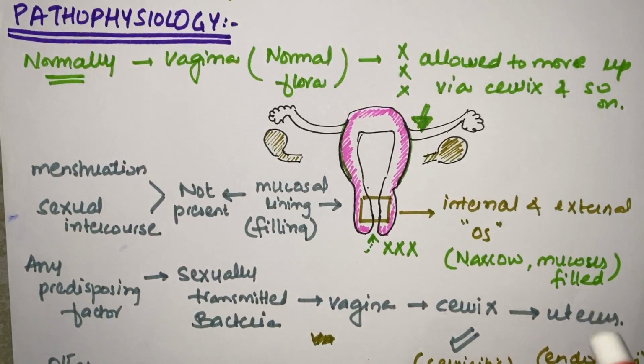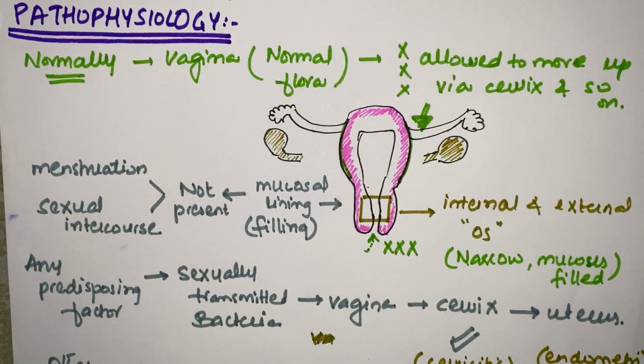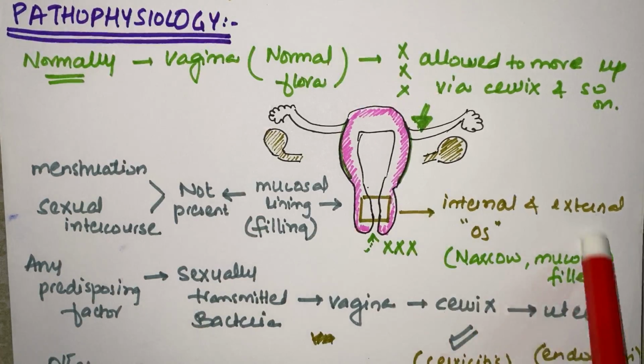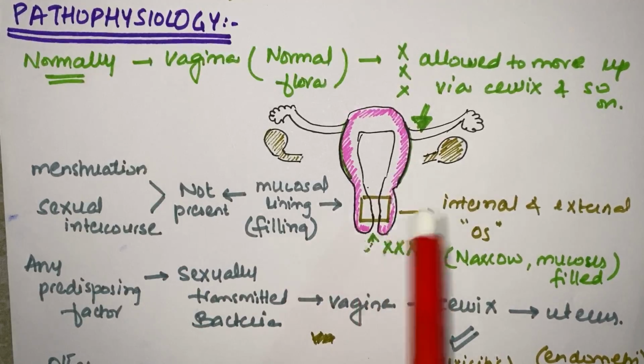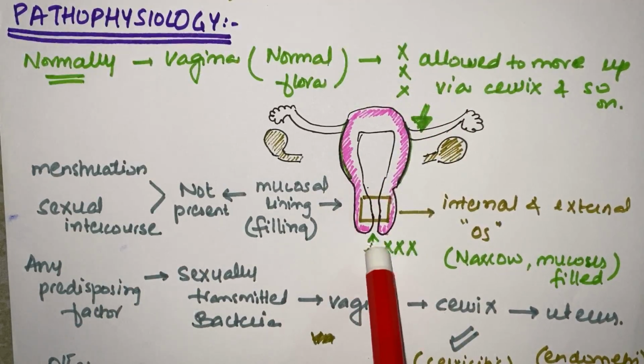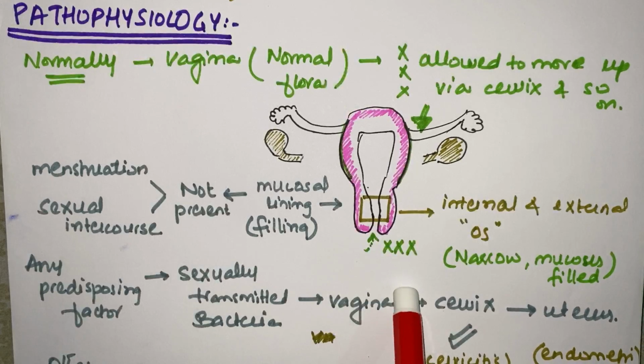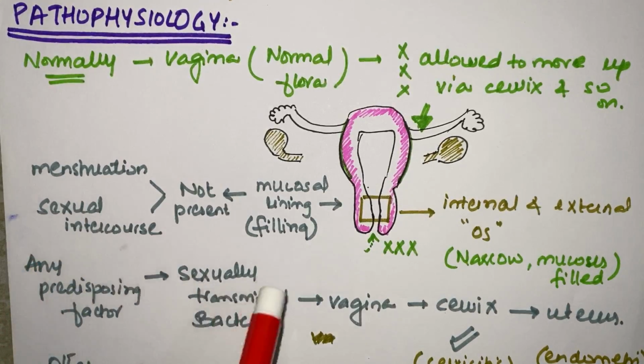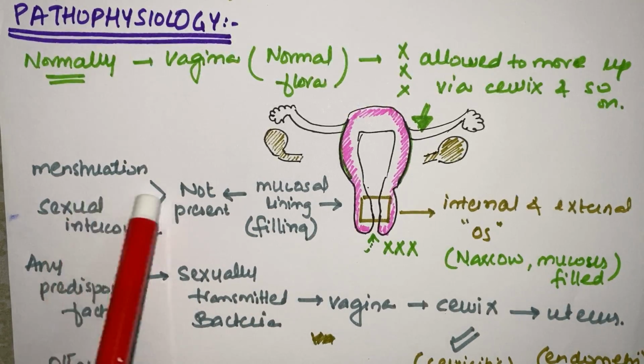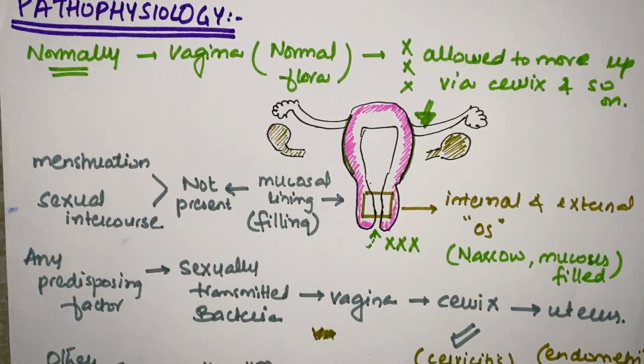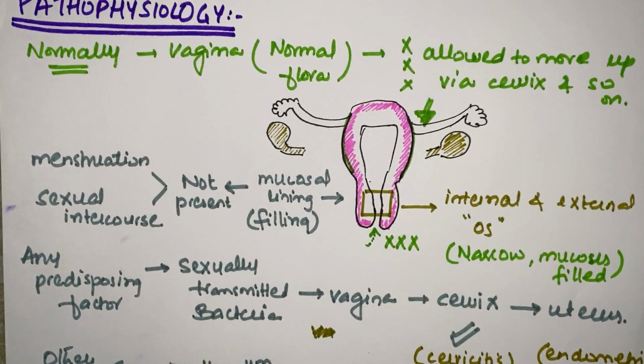This mucus contains immune cells, plus it itself has some protective mediators. All these combined do not allow the bacteria to move up through the cervix and cause the disease. Normally this mucosal lining is intact, but during menstruation or during sexual intercourse, this lining is not present there, and that is a high-risk time when bacteria can pass and cause the disease upward.